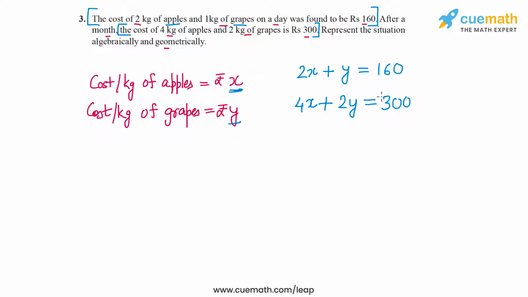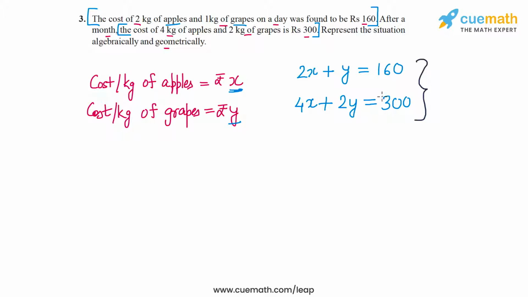So the second equation that we get is 4x plus 2y equal to 300. So the given situation can be modeled as this pair of linear equations. In other words, this pair of equations is the algebraic representation of the given situation.